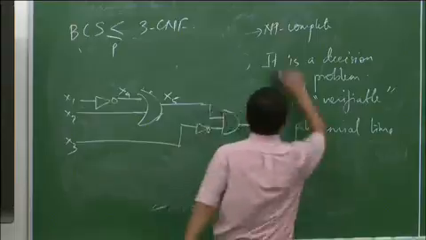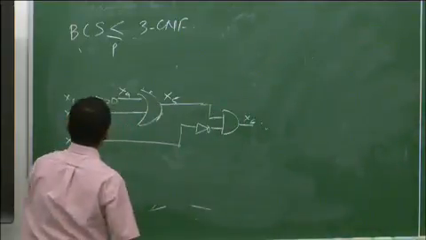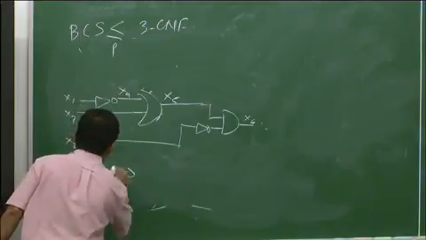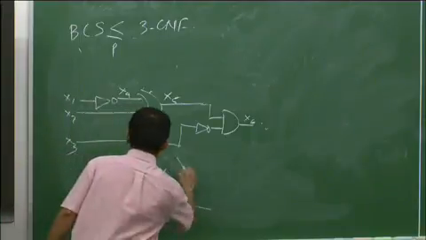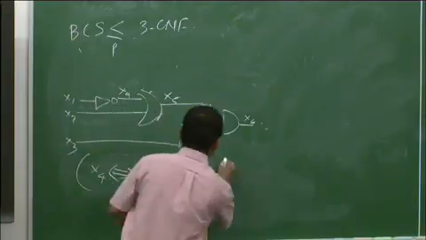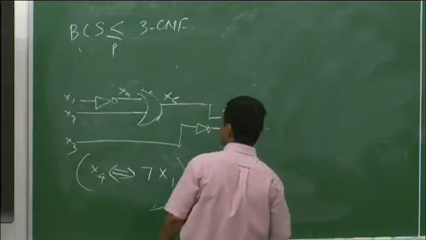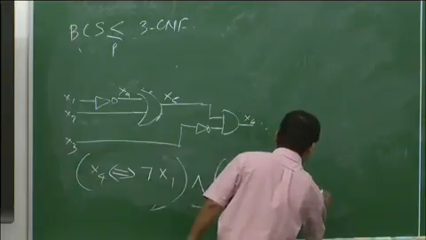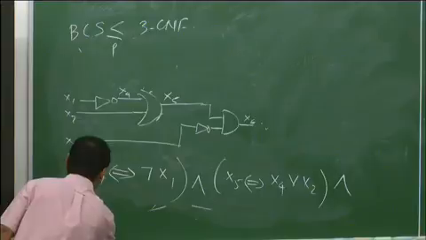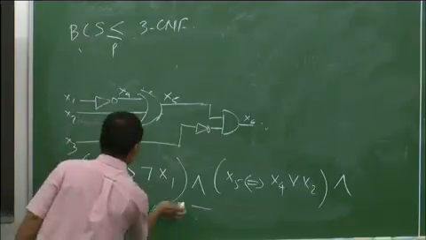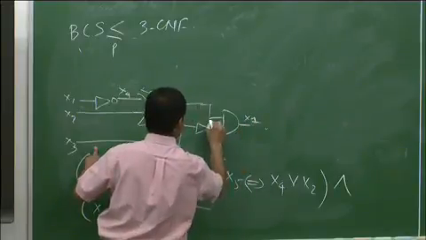So, I am going to claim that this circuit is equivalent to saying that x4 is equivalent to not x1 and x5 is equivalent to x4 or x2 and x6 is equivalent to, well, I am sorry, I did not put, make that 7, make this x6.